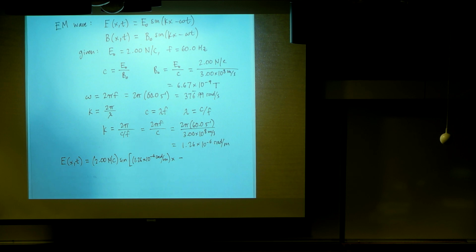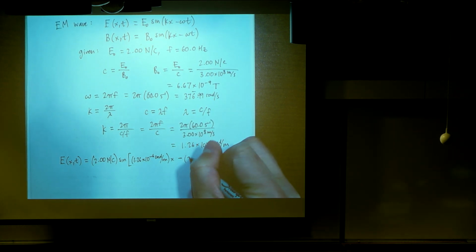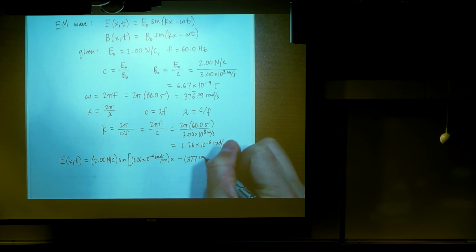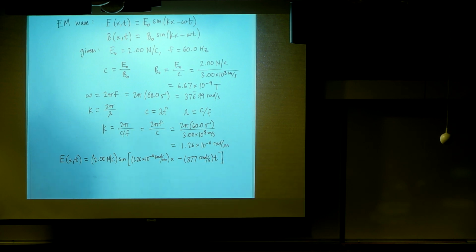And then we have minus omega, which is this number, 377, basically, radians per second, times time. And what this allows you to do, basically, if you give me a position x and you give me a time t, I can plug them into this, and that tells me what the electric field is, okay? So you need both a position and a time. It's dependent on both of those things.